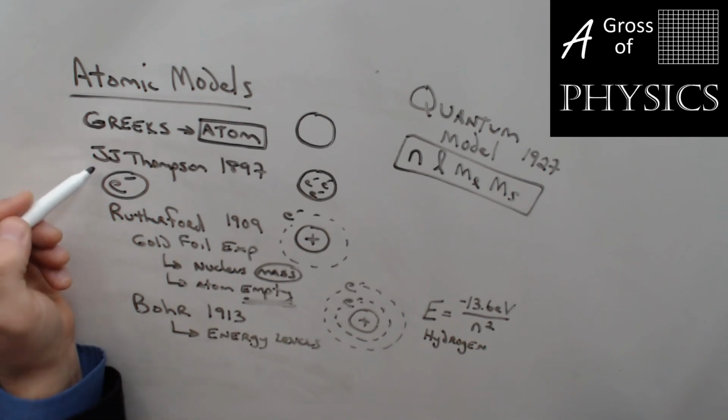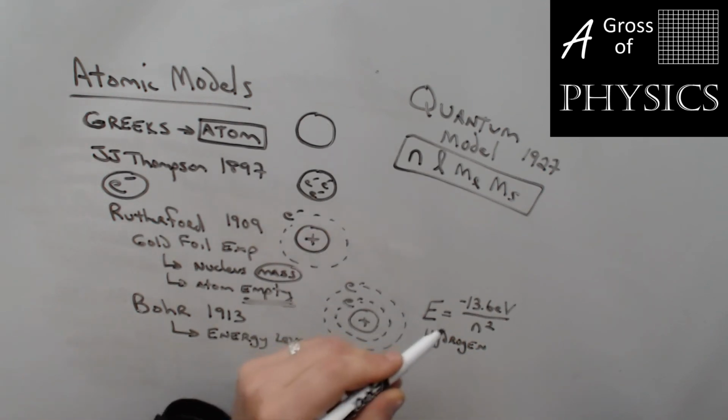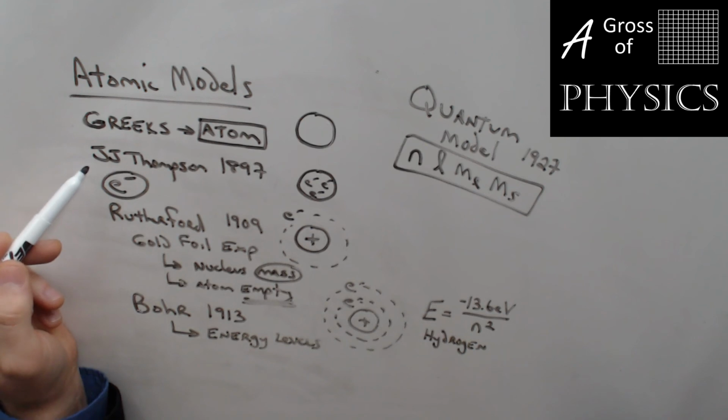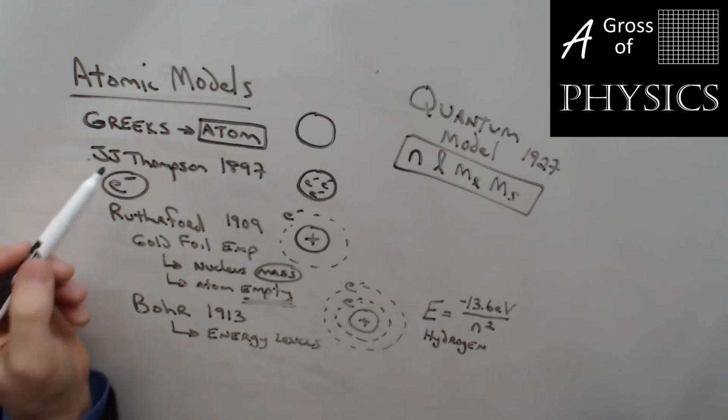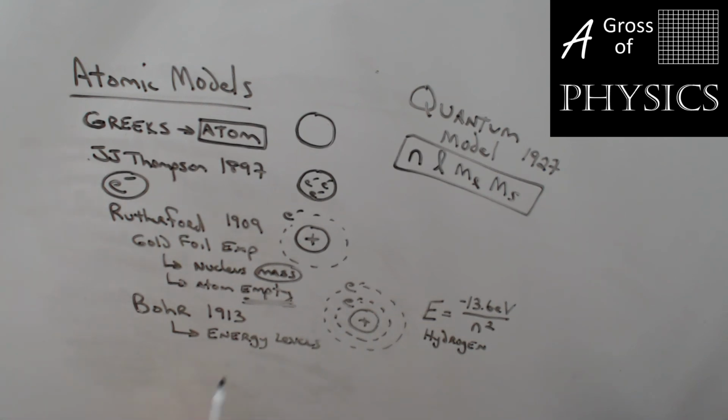Each one of these improves upon the previous one. We go from the Greeks to J.J. Thomson in 1897, and if we look, within 30 years, we have a much better understanding of the atom and the atomic structure.